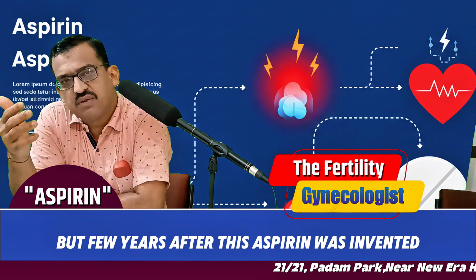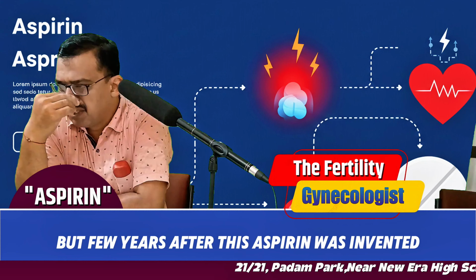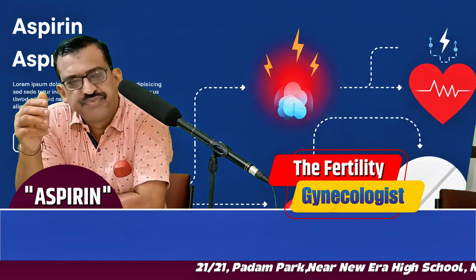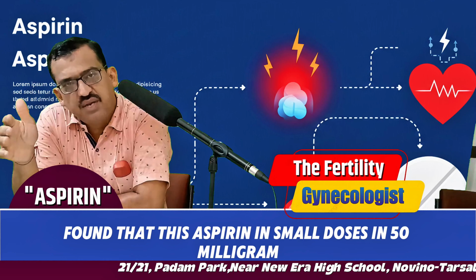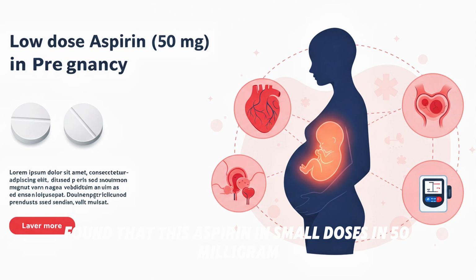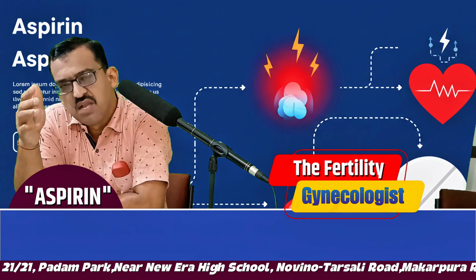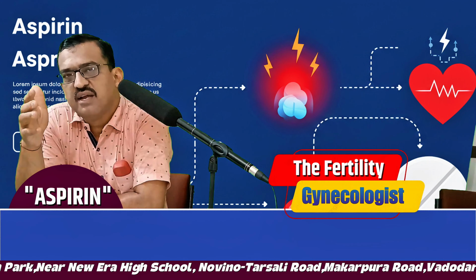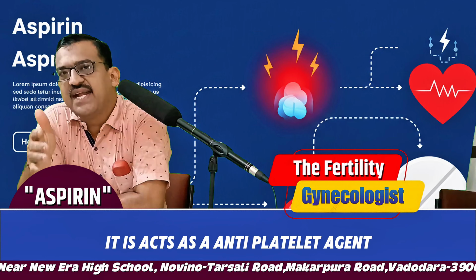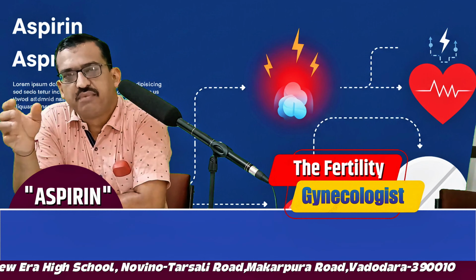But a few years after Disprin was discovered, scientists found that aspirin in small doses, 50 milligram, 75 milligram or 150 milligram, which is also called baby aspirin or low dose aspirin, acts as an anti-platelet agent.